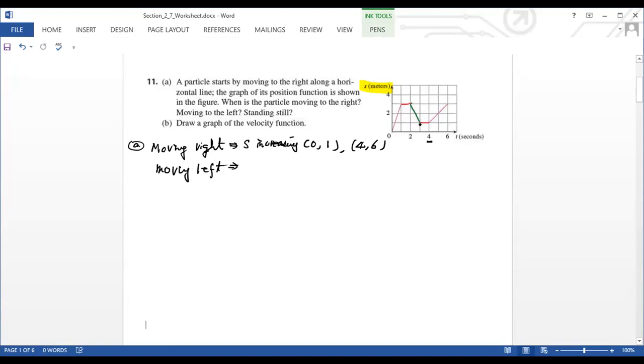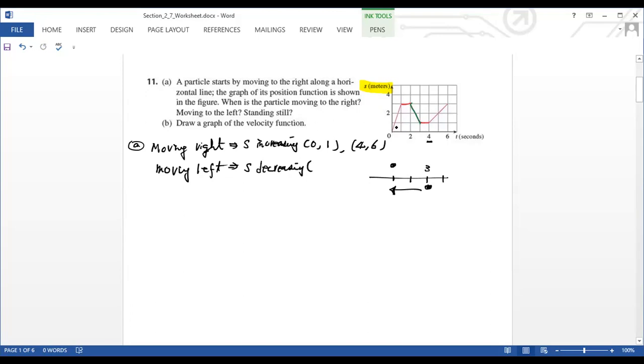Then you go backward to position 1. At 2 seconds you stay here, at meter number 3. Then at 3 seconds you drop back to meter number 1. In order to drop back, you have to go backward, so that's why you go to the left. That's why we say s is decreasing.